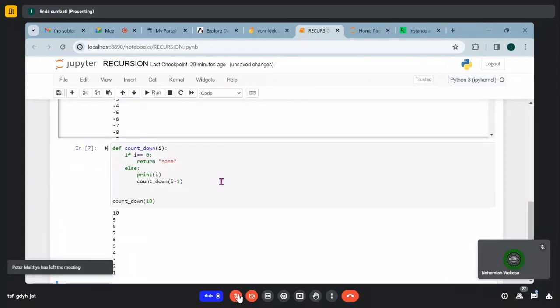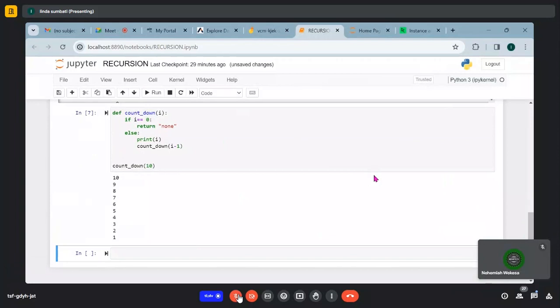But if you put it after, it's now placing it in ascending order. So the person was asking if print can be after or before. It prints i, then it counts down 10 minus 1, 9. After it prints 9, it goes 9 minus 1, 8, then it prints 8, and so on until it reaches 1. Then when it reaches 0, it prints nothing.